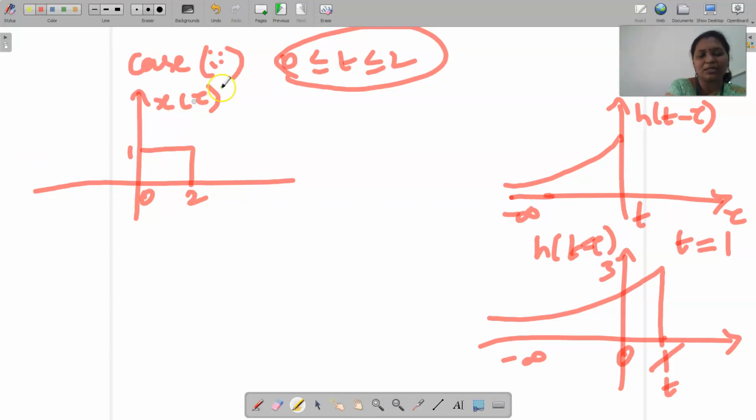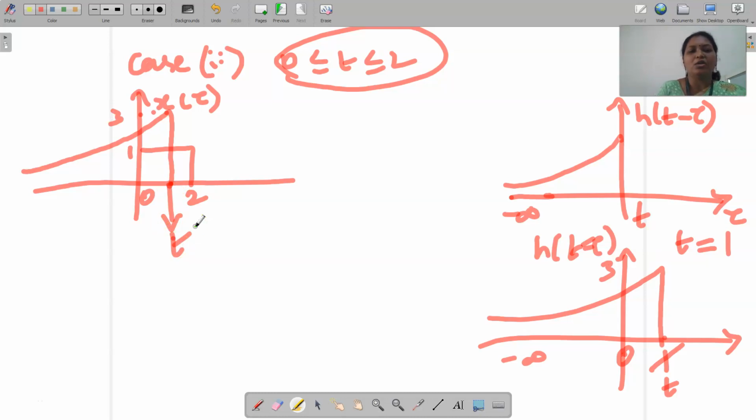So when you multiply x of tau into h of t minus tau, you will have your diagram like this. It will be somewhat in between 0 and 2, for whatever may be the value, 1.9, 1.2 or 0.1. So it will be between 0 to 2. That logic you need to understand. So this value is nothing but t.